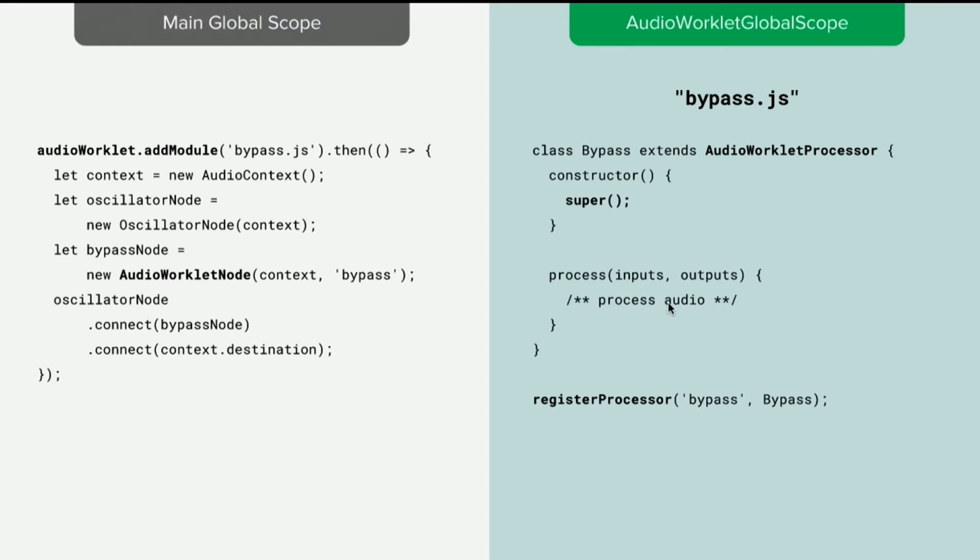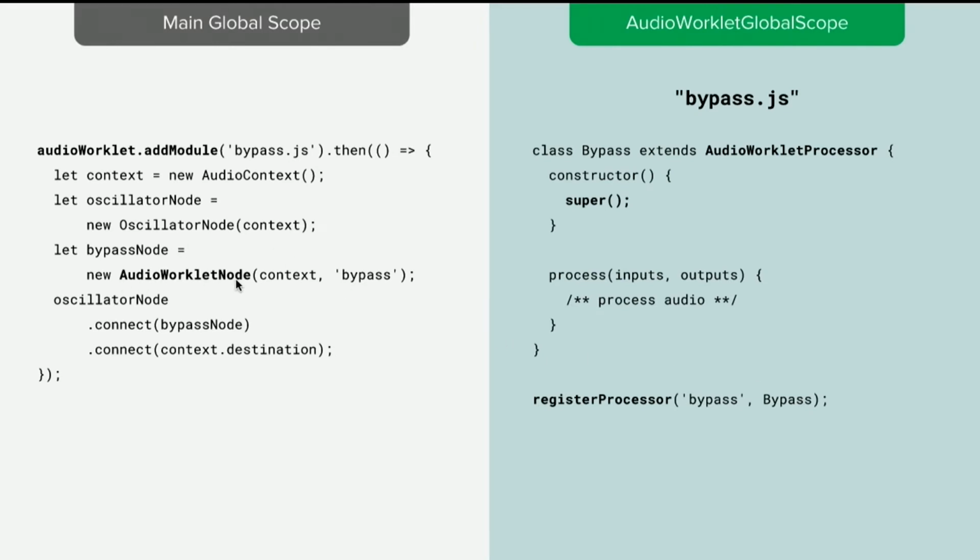In that process method, basically you do the DSP processing. And if you look at the left side, this addModule function returns a promise. When this promise gets resolved, then you can create the AudioWorkletNode that you just defined on the right side of the code.